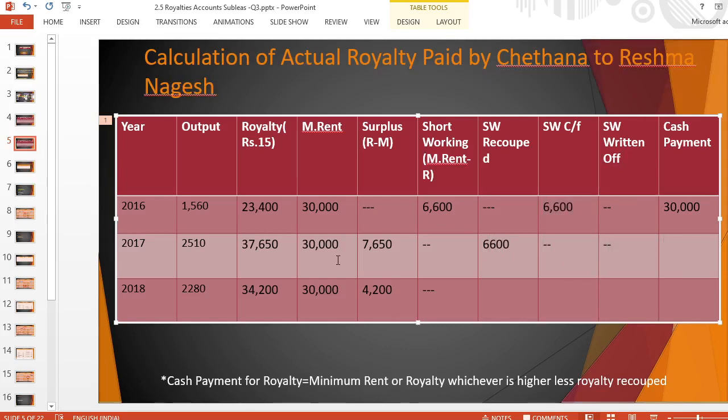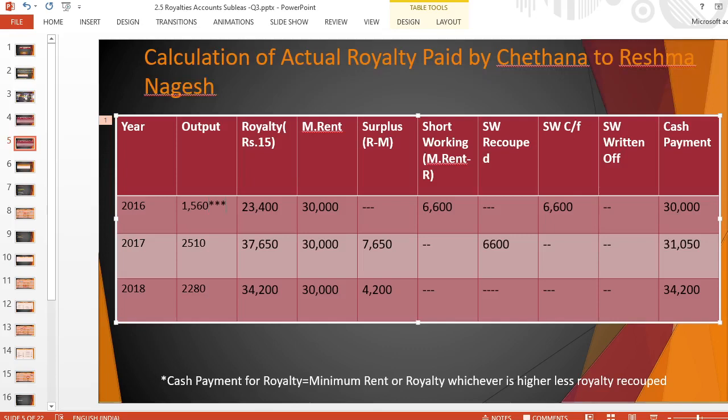And for the final payment, royalty or minimum rent, whichever is higher, the higher amount is 37,650 minus recoupment 6,600. So the final payment is 31,050 rupees. And for the last year, neither recoupment nor carry forward nor written off. And the final payment was 34,200. Of course, there is no fluctuation apart from taking output.